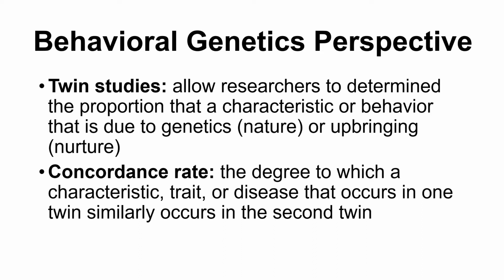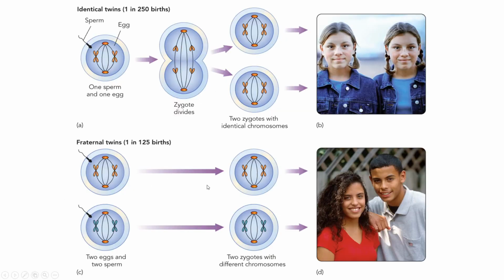Specifically, twin studies allow researchers to determine the proportion of a characteristic, trait, or behavior that is due to genetics or upbringing. There are two different kinds of twins, and they differ in how much genetic material they share. If I hop to the next slide, we can see our two types of twins.